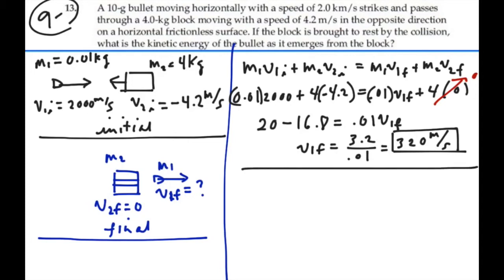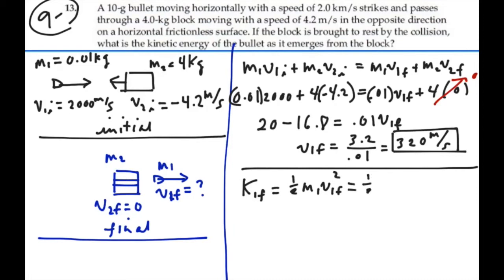We want to know the kinetic energy of the bullet as it emerges from the block. So we want to find the final kinetic energy of the bullet. So K1 final would be 1/2 mass 1, velocity 1 final of the bullet squared.